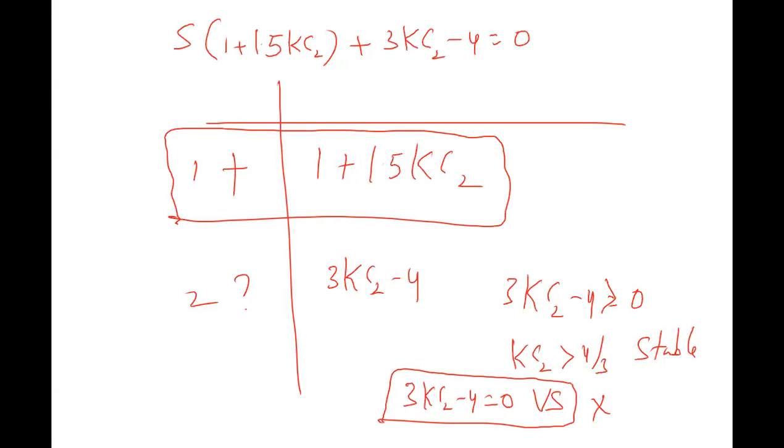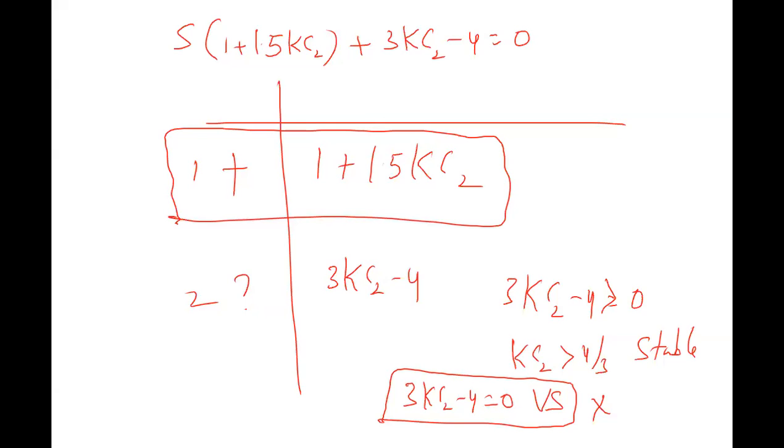Roots lying on the imaginary axis. How many roots should you have on the imaginary axis? Minimum you should have two roots lying on the imaginary axis. Here, what is the order of the equation? First order. A first order equation doesn't have a chance of getting two roots, so there is no concept of verge of stability.